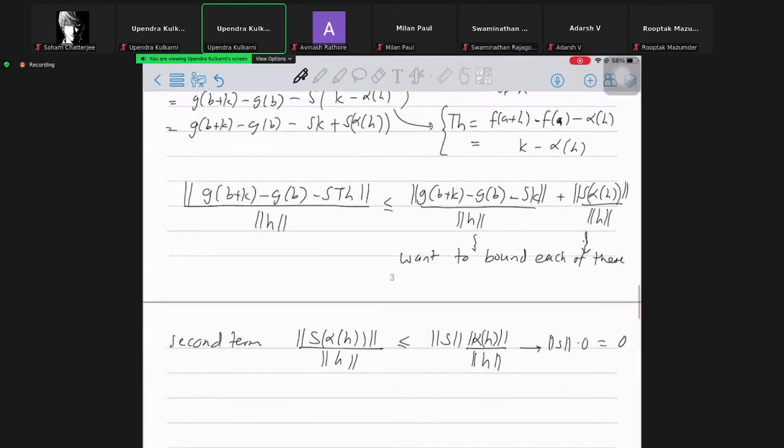So how to bound the first? And so we are out of time. Let me just sketch this quickly. And if you want, I can do this again at the beginning of the next class.